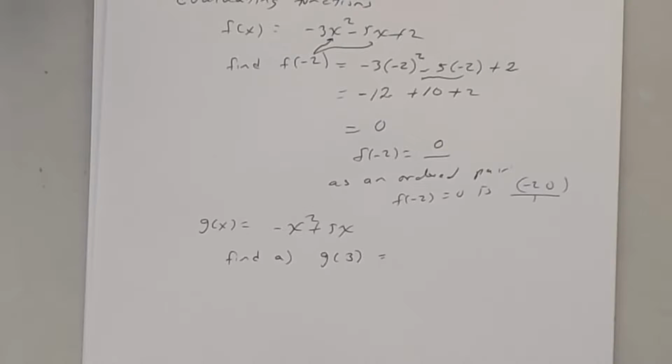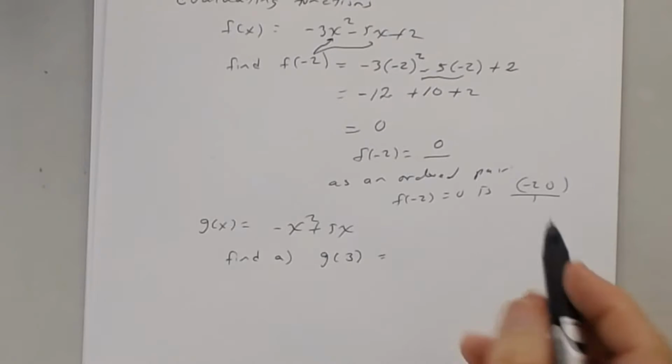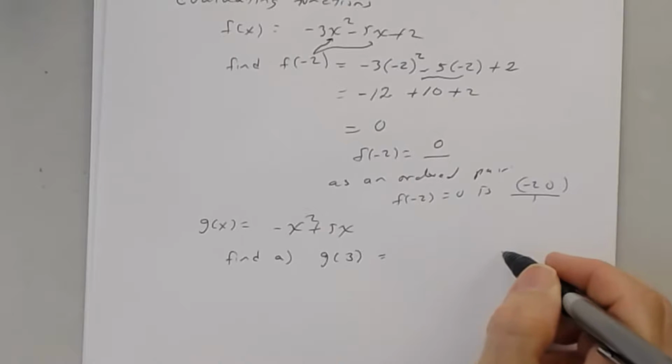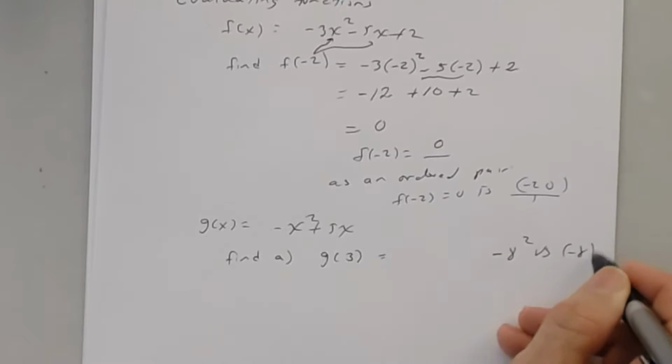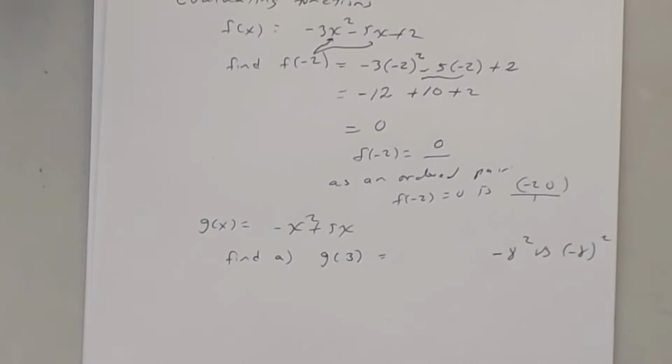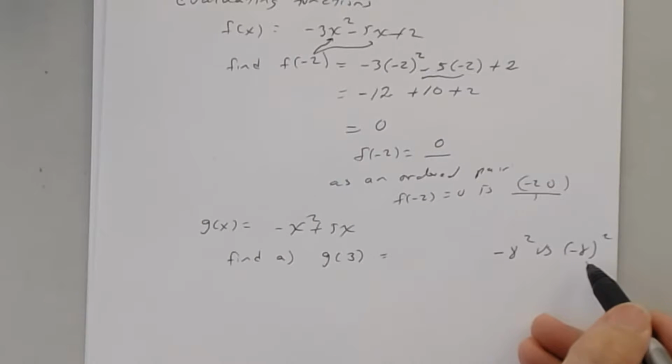No, it's x. If I wanted negative x to be squared, I would have to put that in parentheses, but it's not in parentheses. Remember we talked a while back about the difference between negative 8 squared versus negative 8 in parentheses squared. You can easily say that with parentheses, negative 8 is being squared.